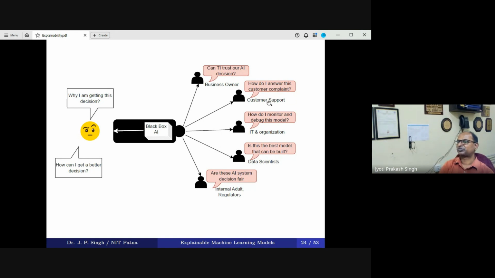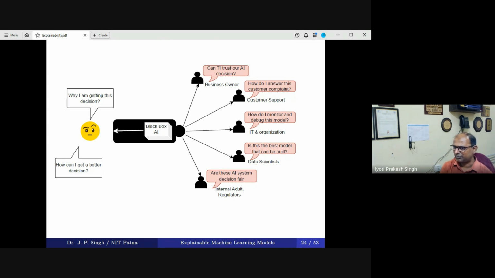Customer support. Think of it this way: you have applied for a loan and your application was rejected. You call the customer support executive. The executive tells you, we are using an AI-based system to predict whether a loan can be granted to customers or not, and for your case, the model predicted that you cannot be given a loan. You will ask why, on what basis, or whether there is any way to improve so that I can get a loan.